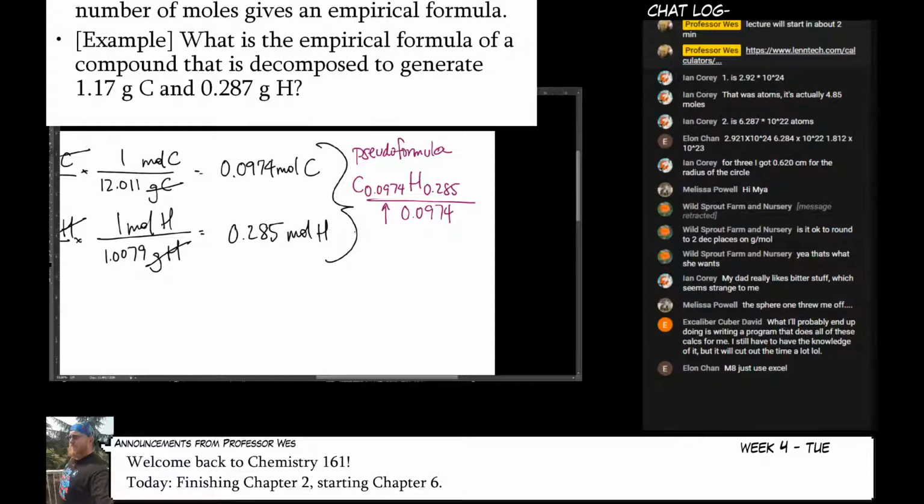So 0.0974 divided by 0.0974 is just 1. And then 0.285 divided by 0.0974, I get 2.926, which is real close to 3. And then I don't put ones in formulas, and this would be our empirical formula.